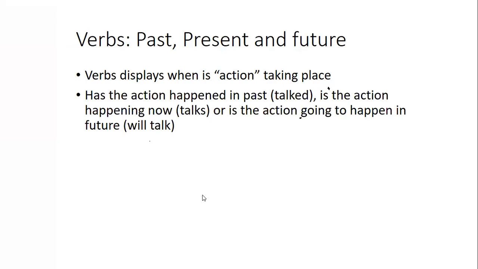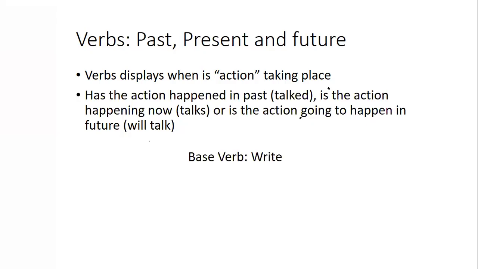Has the action happened in past? For example, talked. Is the action happening now? Talks. Priya talks. Priya talked. Is the action going to happen in future? Priya will talk. Right? So verb can be thought of as an action happened in past, it is happening in present, it is happening now, or action is going to happen in future.